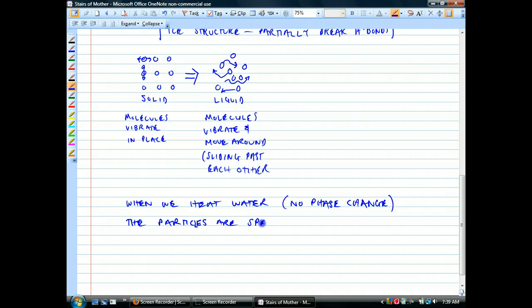So the energy is being used to speed up the particles, make them move faster. So that's a linear function. Basically, whatever energy you put in is being added to the average kinetic energy of the particles. Temperature is directly proportional to the average kinetic energy.